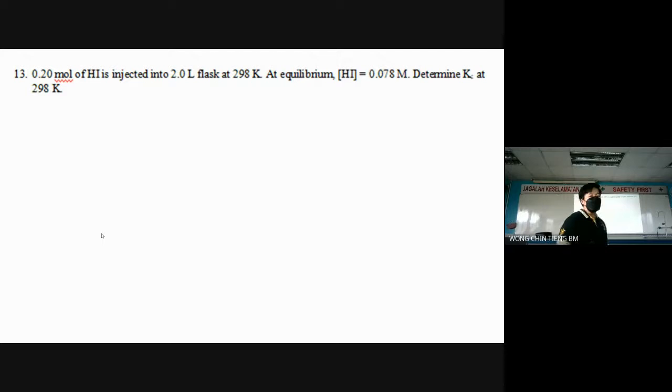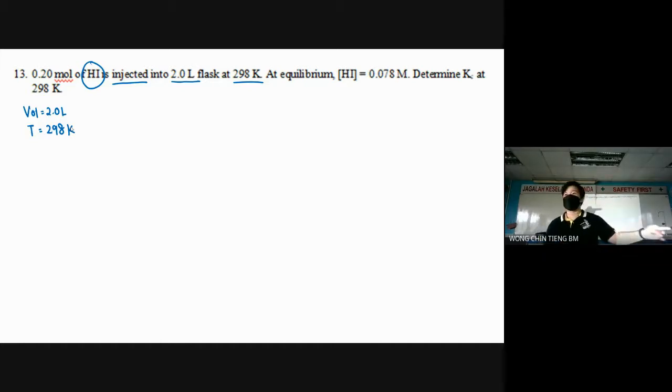The question started off with 0.2 mole of HI injected into a 2 liter flask. So I have a volume of 2 liter. My question, at this temperature and this volume, the 0.2 mole is initial, change or equilibrium? Initial.